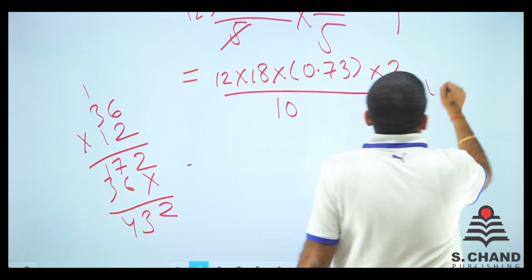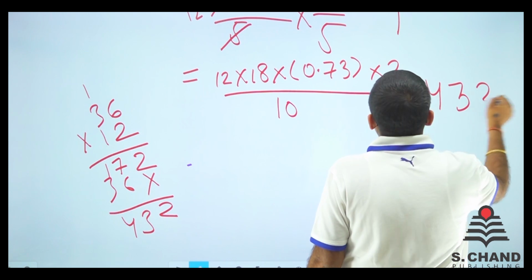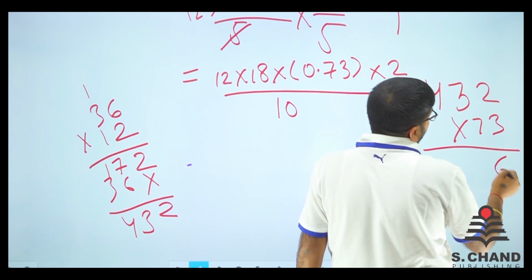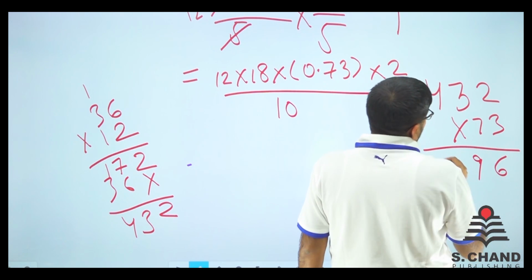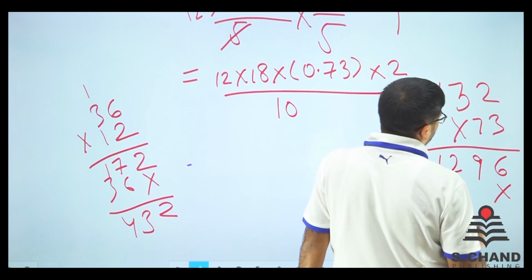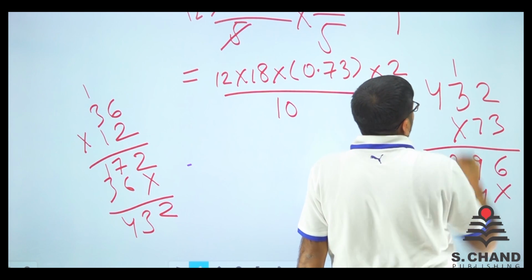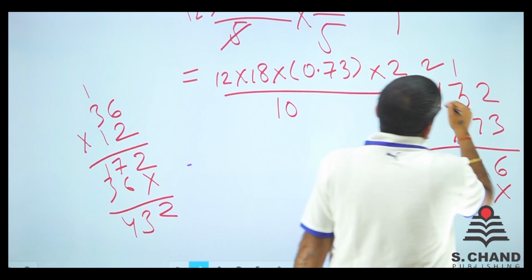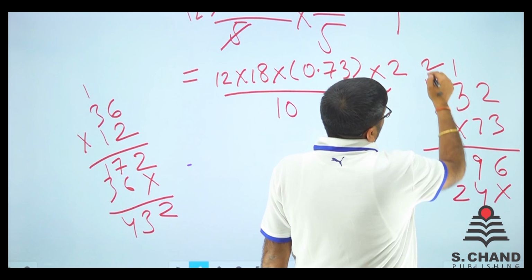So we multiply 432 into 73. Let's do it. 3 into 2 is 6, 3 into 3 is 9, and 3 into 4 is 12, 1296. 7 into 2 is 14, carry 1, 7 into 3 is 21 and 22, 7 into 4, 28, 30.